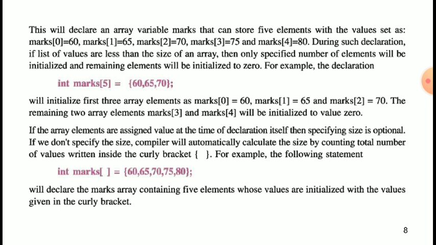For example, the declaration int marks[5] equals to 60, 65 and 70 will initialize the first three array elements as marks[0] equals to 60, marks[1] equals to 65 and marks[2] equals to 70. The remaining two array elements marks[3] and marks[4] will be initialized to value 0. So that is a declaration of an array.